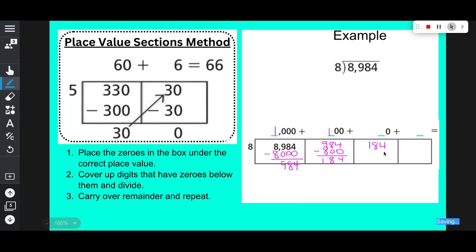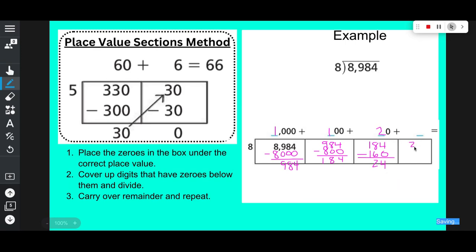I have 1 zero this time, so I was left with 18. How many 8s go into 18? It is 2. So I have now 20 times 8, which is 160. And I subtract that out and I get 24.